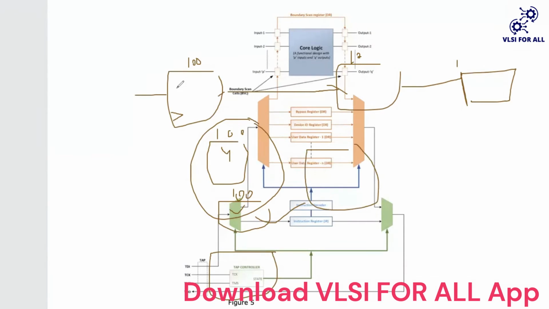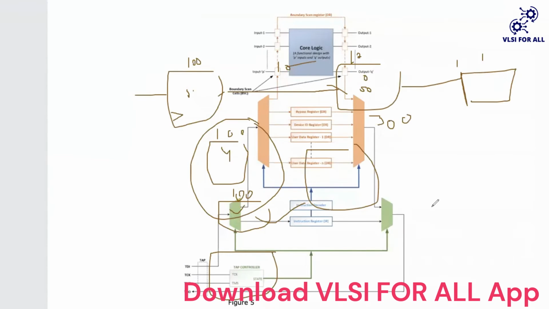If I need to control this bit, basically the 50th bit of this one, how many shifts do I need to do? 100 plus 50, 150 shifts. Plus this one also comes, so in total I need to do 300 shifts just to control this bit.